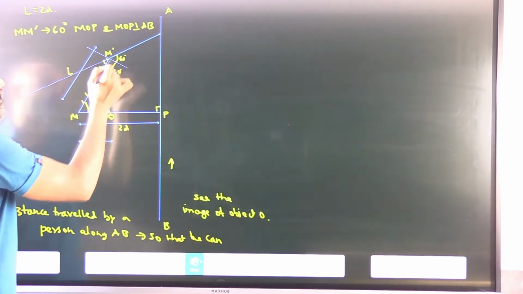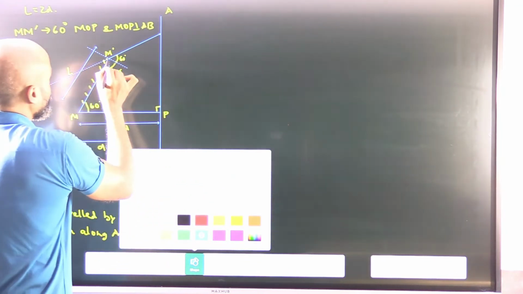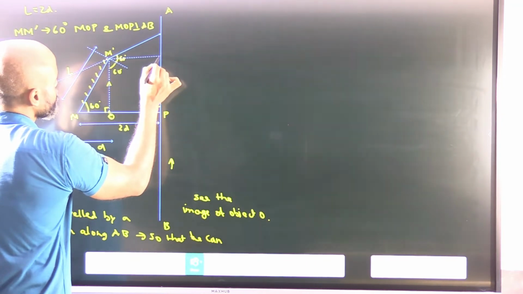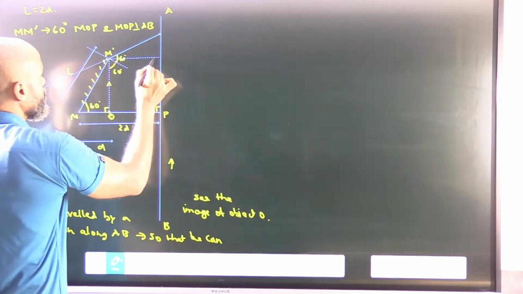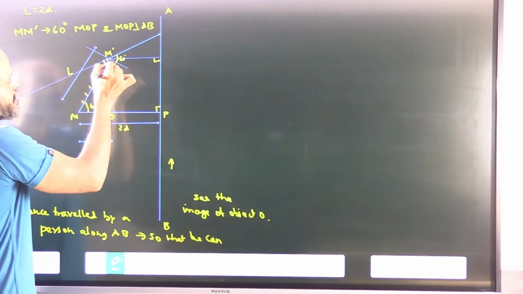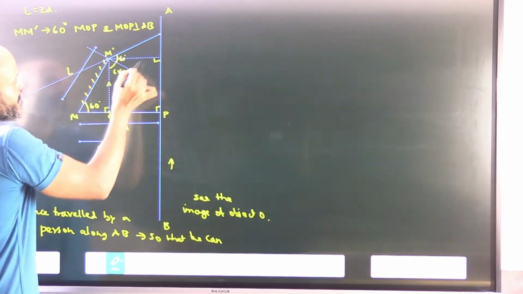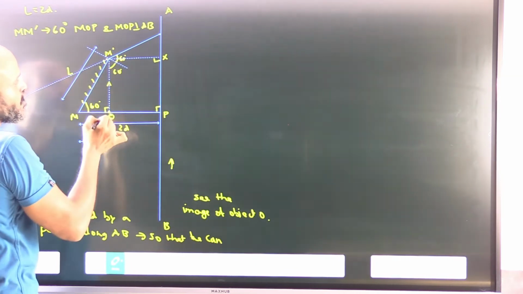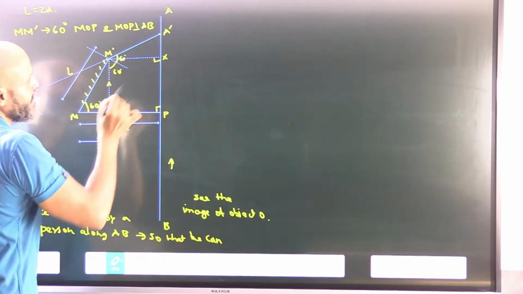Now if I drop a perpendicular from M dash to this AB surface, so this will be perpendicular. Obviously this angle is 60 degrees and this is 90. This entire angle XM dash O is 90, out of which we take this as A dash.